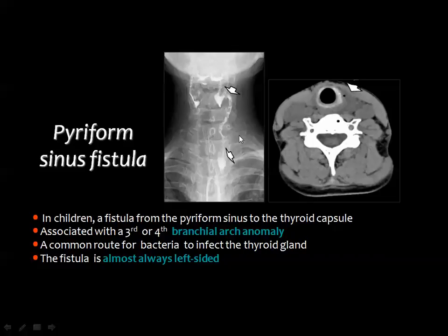And here is a good example, and you see by oral contrast the fistulous tract leading from the piriform sinus to the thyroid gland, and here the thyroid is relatively swollen, and see this air loculus, which is suggestive of inflammation.